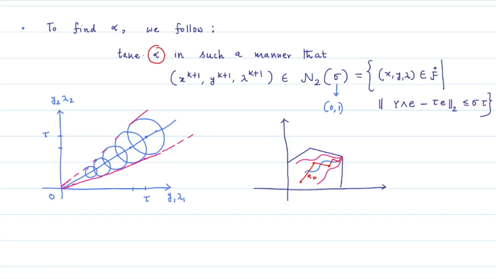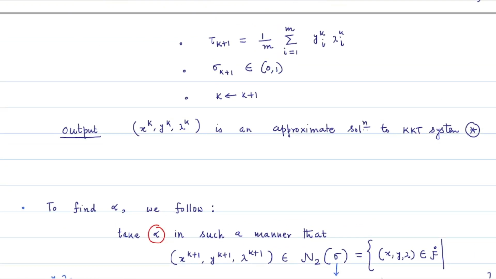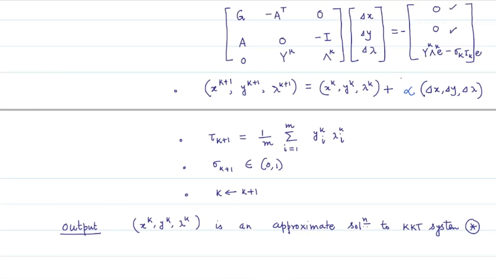We have also many other possible ways of controlling the value of alpha. You know, different choices of alpha inside this equation and different choices of this sigma k give us different kinds of interior point methods.